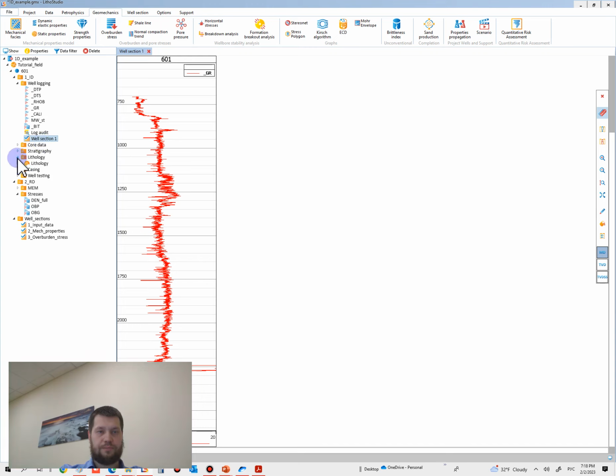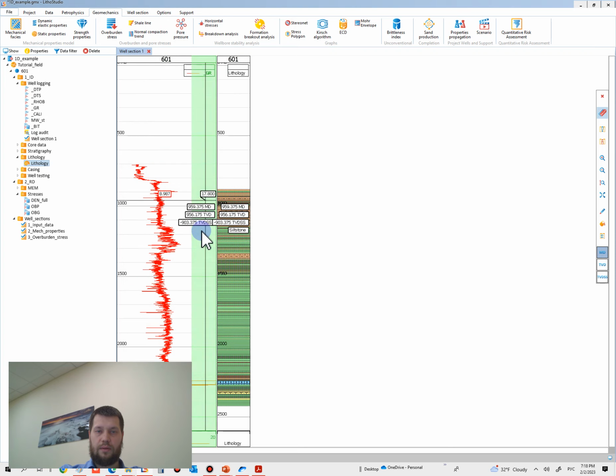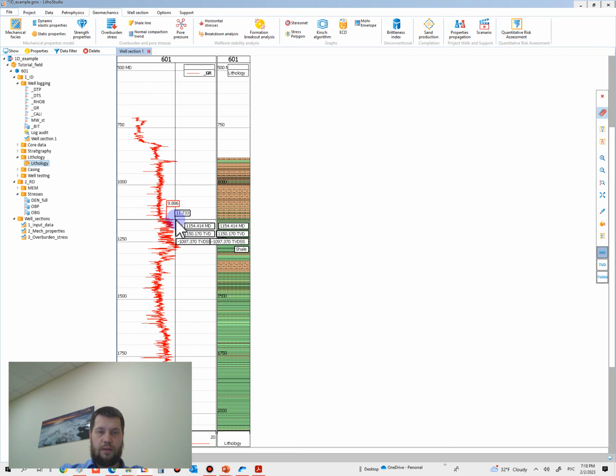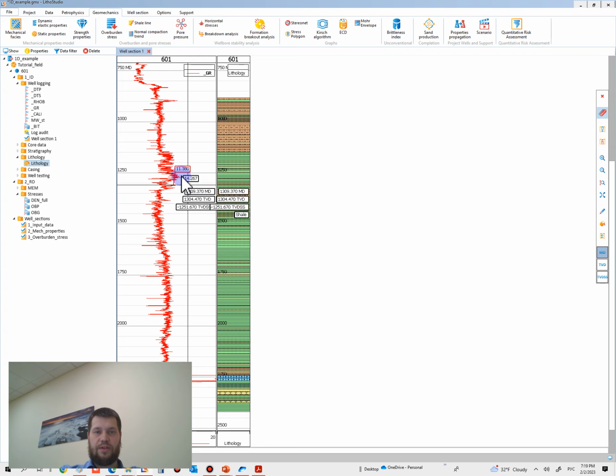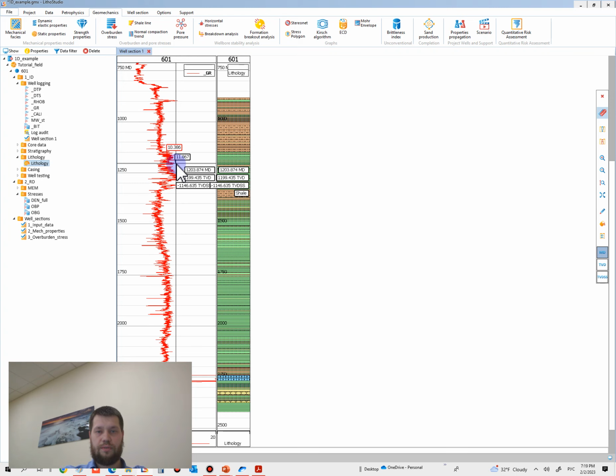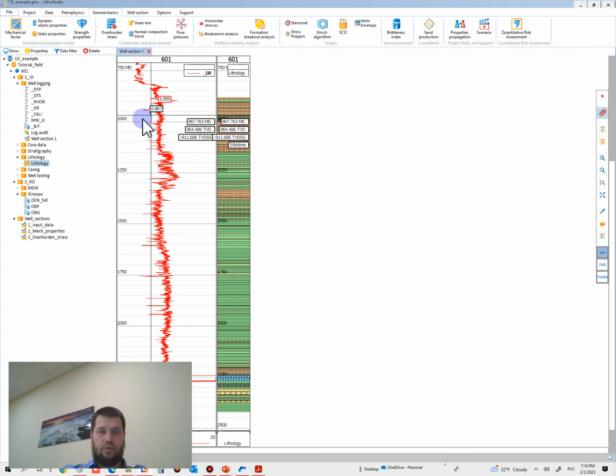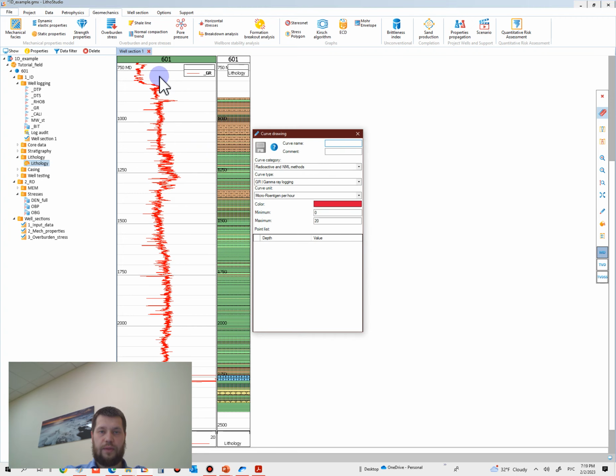Please note that the division into clays and sands will be coarse. So now we will draw a curve that will be divided.